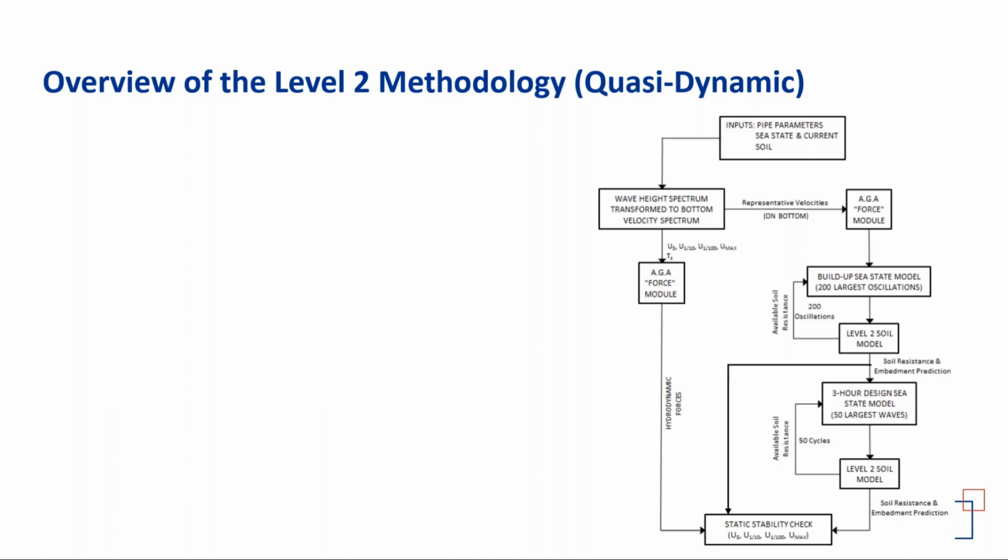So this is the overall workflow of the level 2 methodology. If we click once, as we see the input from the top, the input data starts coming in, and then we go wave height spectrum transform to the bottom velocity, and then goes to the right side where we get the AGA force module, and then we go to a build up sea state model for the 200 waves, or the largest 200 oscillations.